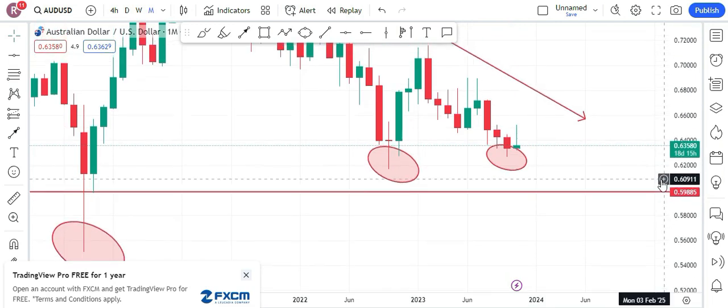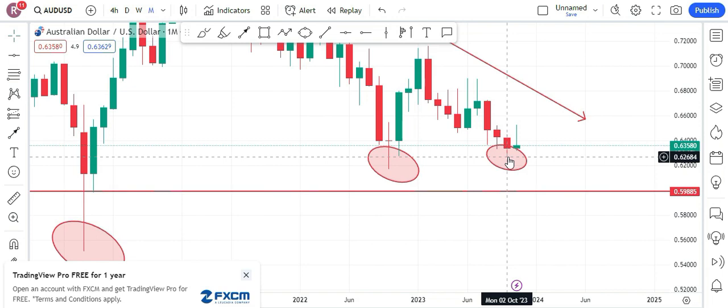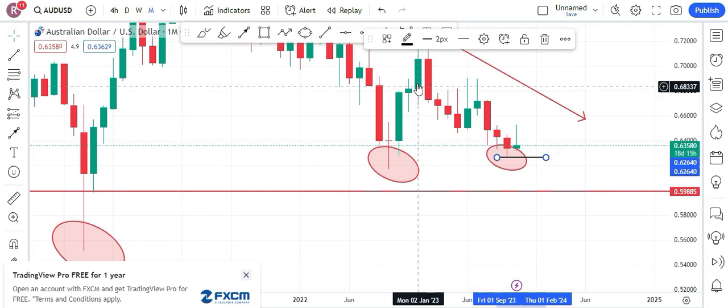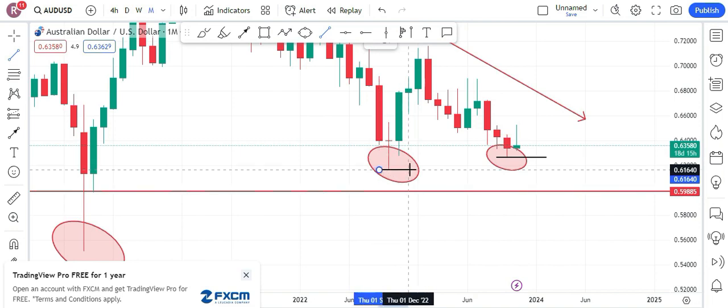So in the monthly we have only the information that we have a lower low here, this is the one we can visualize for the moment, and this lower low, in comparison to this lower low, is a higher lower low.